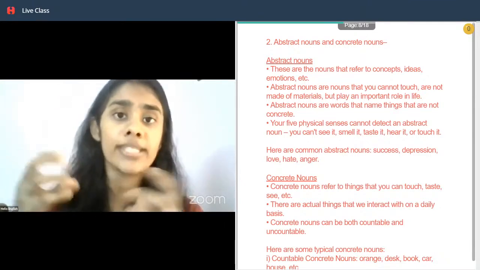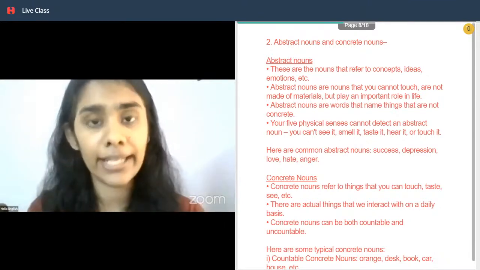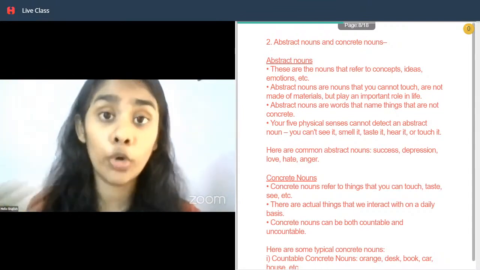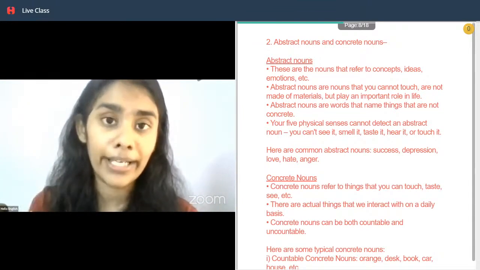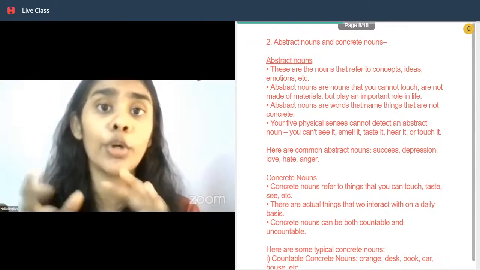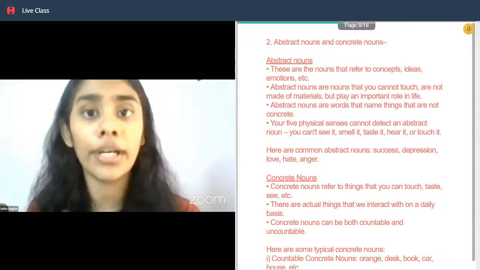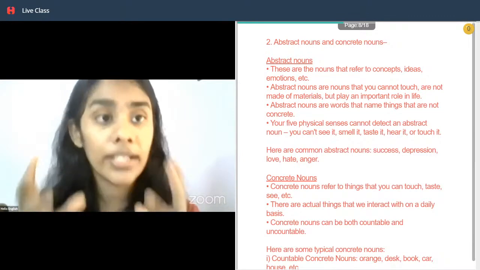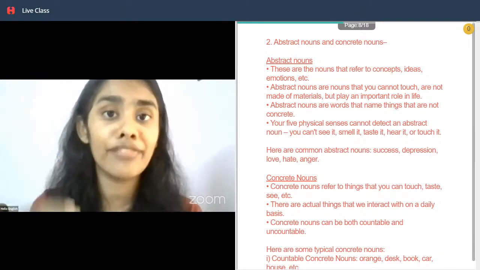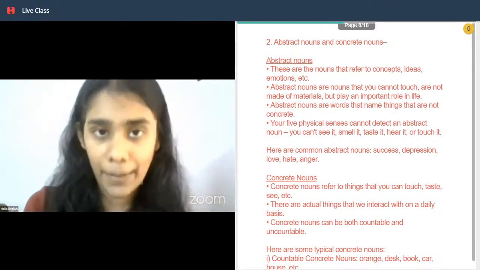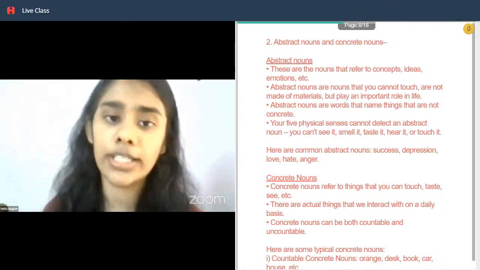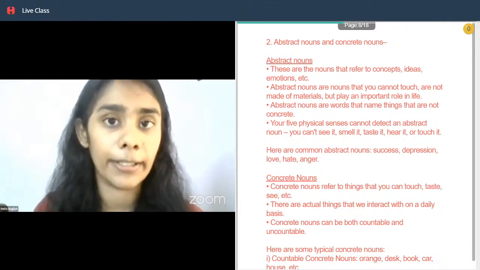So it goes hand in hand. In any given sentence, it could be concrete or abstract, and further on you identify whether it is proper or common. What is more important here is to identify whether it is abstract or concrete. If you cannot touch, it is abstract. If you can touch, it is concrete. That is the meaning of concrete.